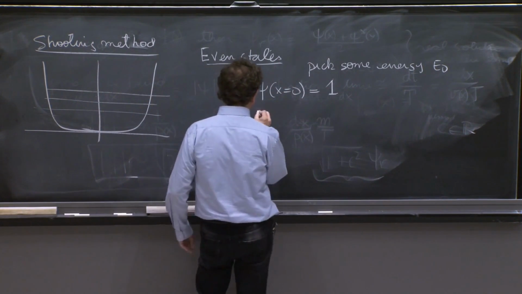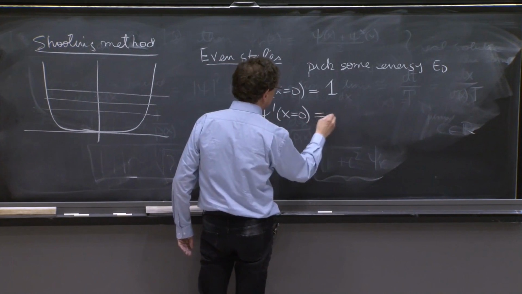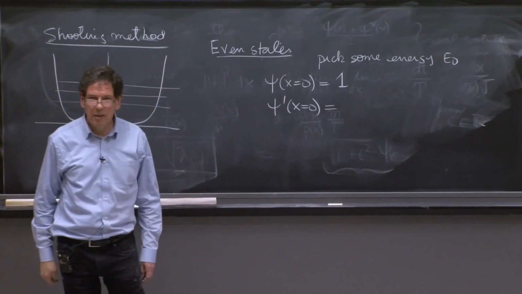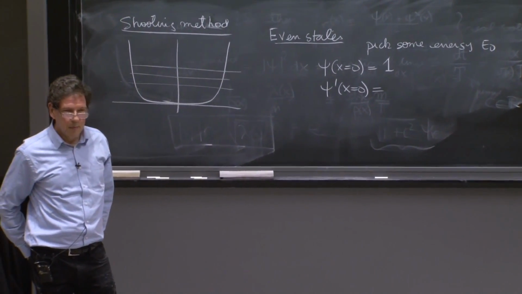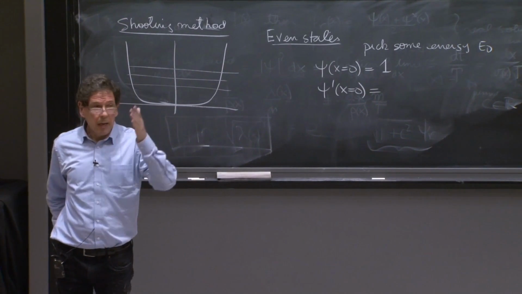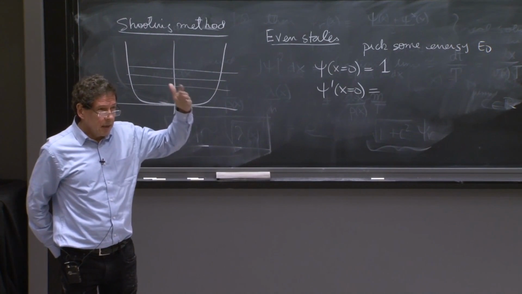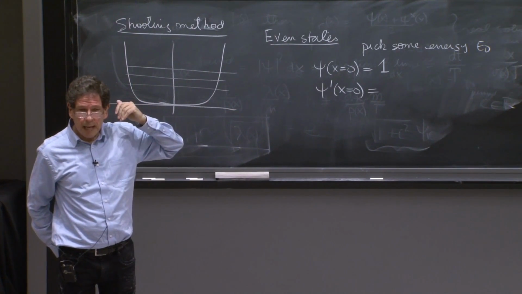And then you say that the derivative of the wave function at x equals 0 is how much? Any suggestion? How much should it be? You see, you have a second order differential equation. The second derivative of psi is equal to E minus V times psi. That's the Schrödinger equation.